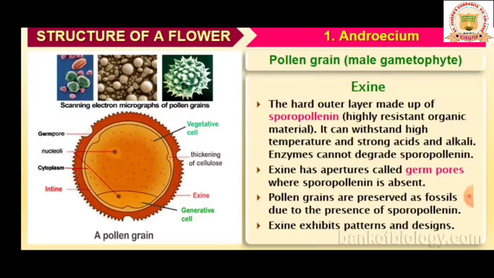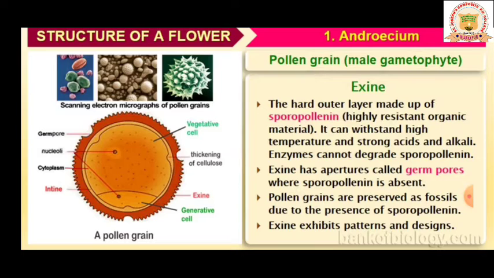Do remember this. Exine has an aperture called a germ pore, where sporopollenin is absent. So there is a germ pore present in your pollen grain, and that part doesn't contain sporopollenin. Pollen grains are preserved as fossils due to the presence of sporopollenin.